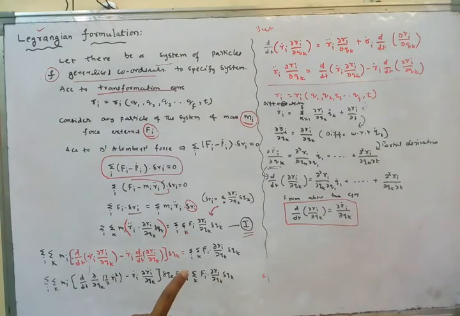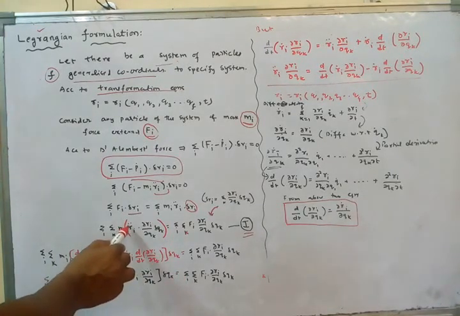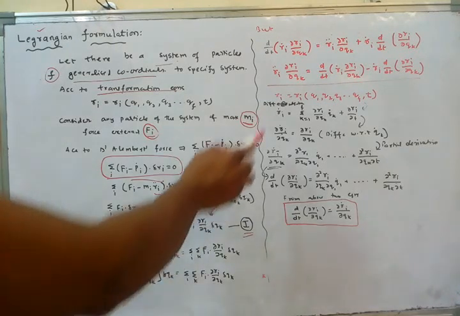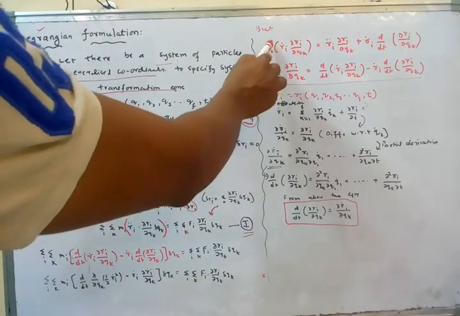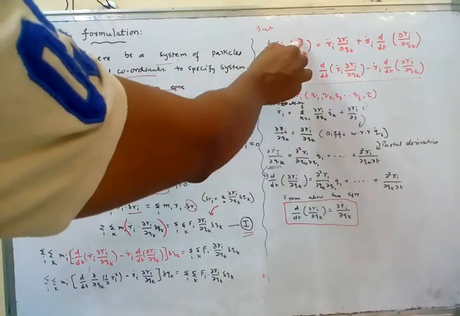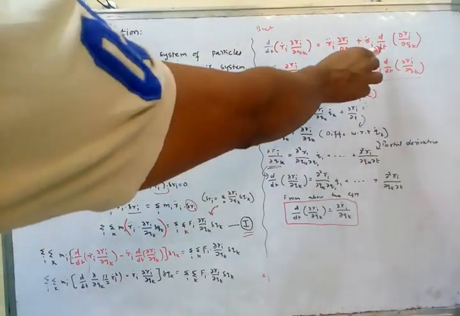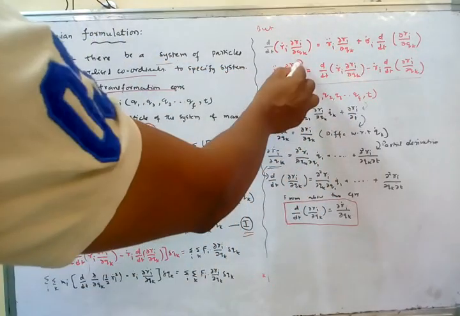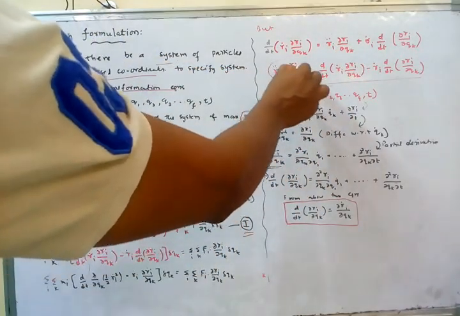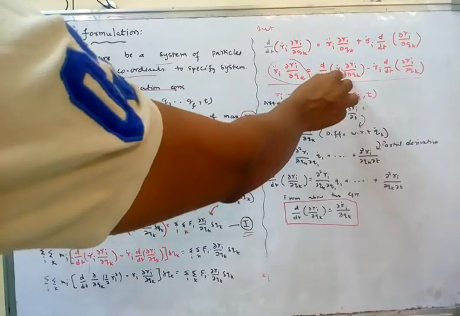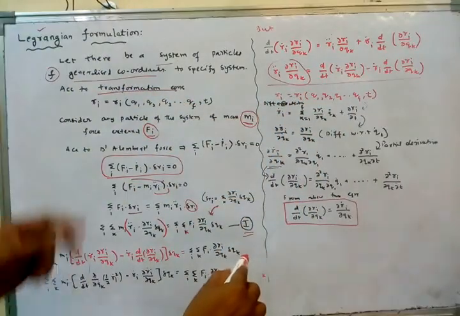See, here we have to substitute some terms. Ri double dot is the acceleration in Cartesian coordinates of the particle. Taking d by dt of Ri dot dou Ri by dou qk, we finally get Ri double dot dou Ri by dou qk equal to d by dt of this expression.